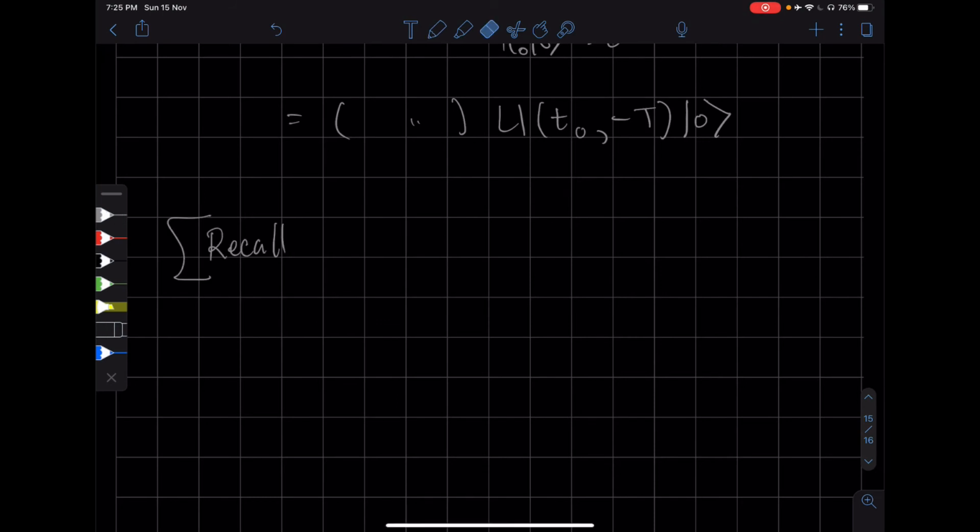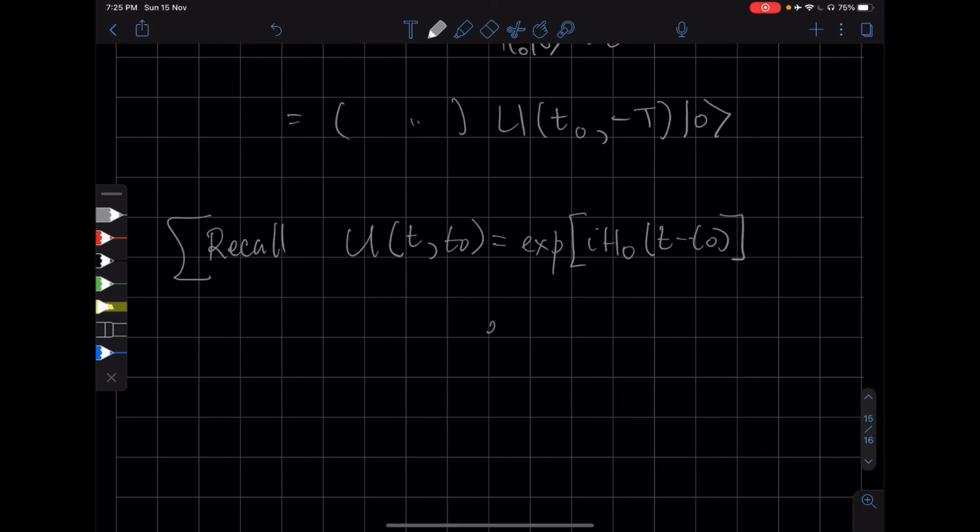So recall that our definition of the time evolution operator U from t0 to t has two exponential factors. One is the exponential factor of H0, and H0 is multiplying t minus t0. And the other one is the exponential factor of −iH, where H is the full Hamiltonian, and this will have t minus t0 as well.